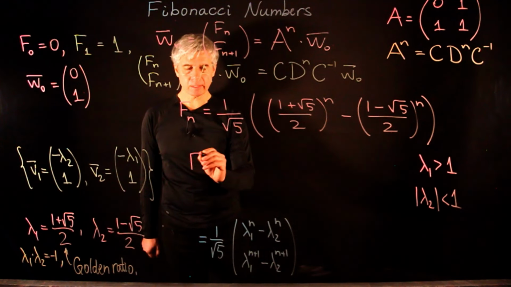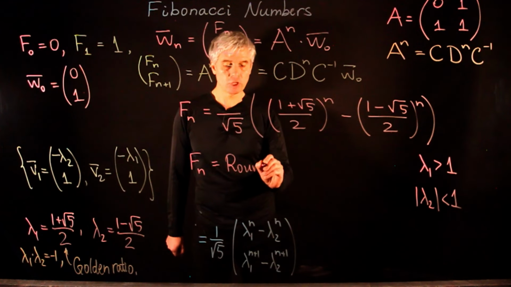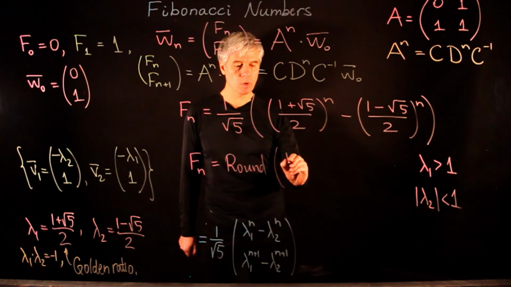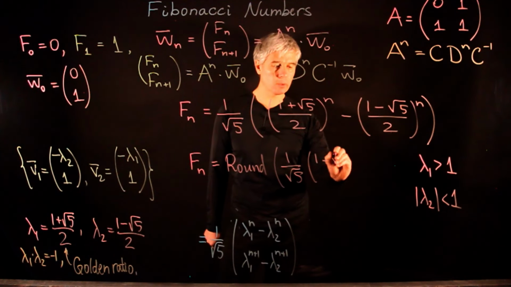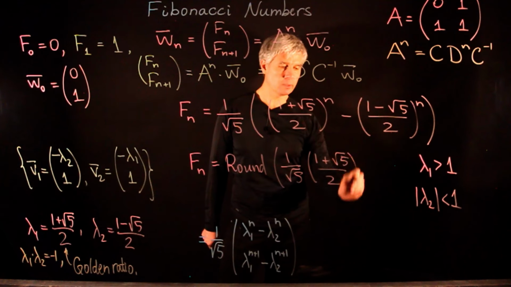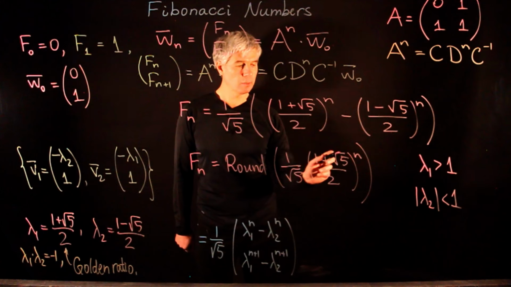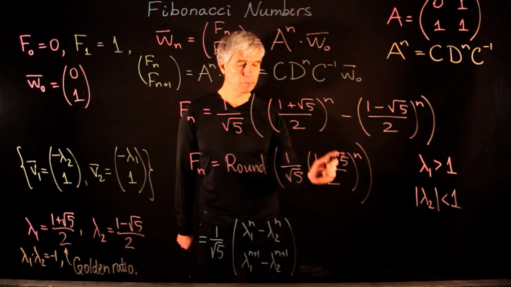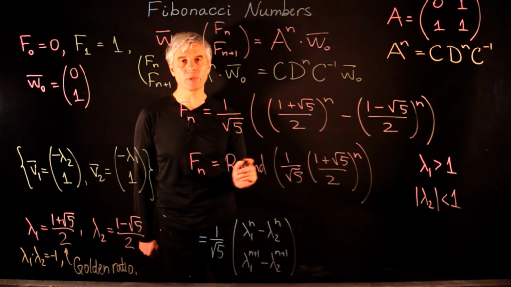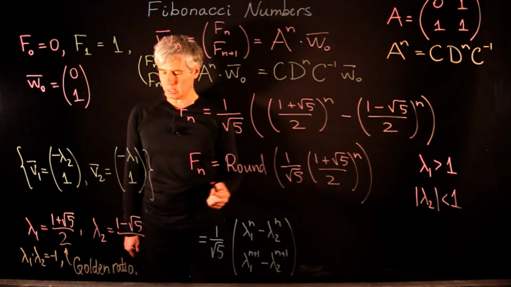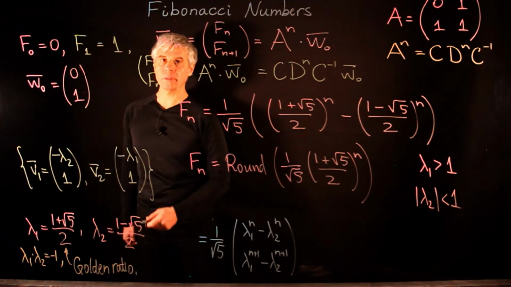So what we see is that the Fibonacci number may be obtained by rounding just the first term, 1 over square root of 5 times (1 plus square root of 5 over 2) to the power n. So this number is never an integer, but for large n, it will be closer and closer to integers that are nth Fibonacci numbers. So here we see this interesting relation between Fibonacci numbers and the powers of the golden ratio.